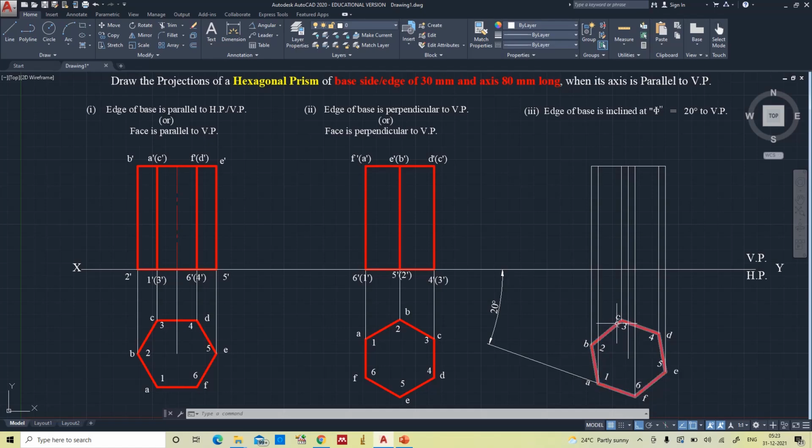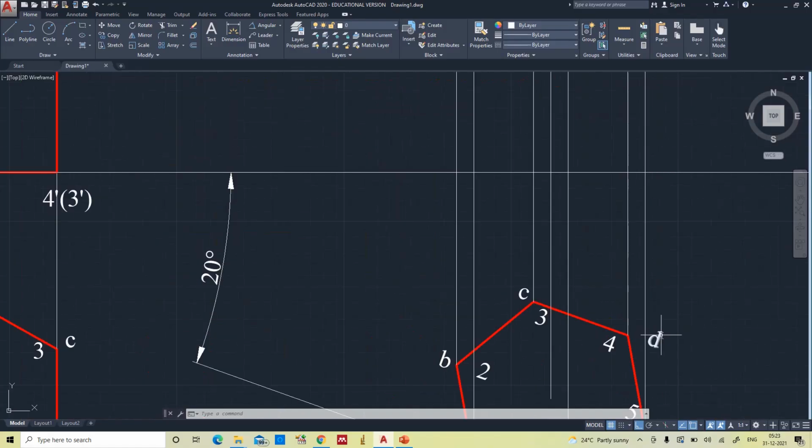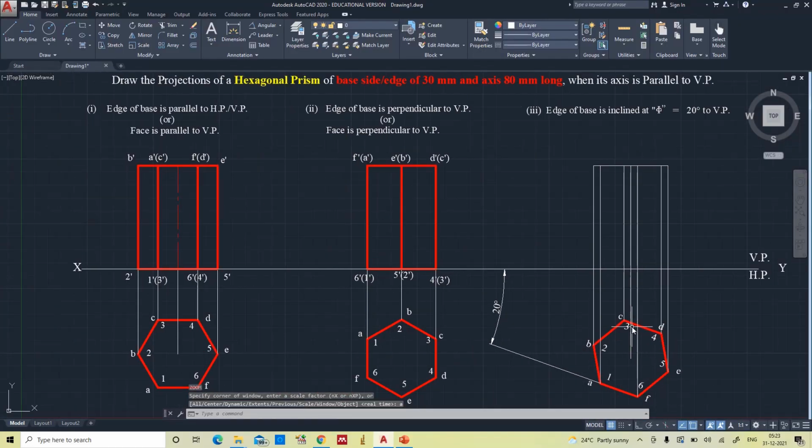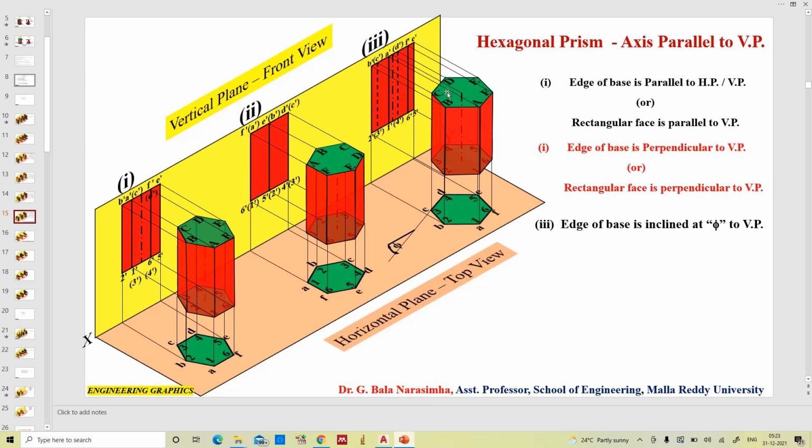And coming to C3 and D4, the two edges are clearly invisible, because these two edges lie backside to the rectangular faces. You can see C3 and D4 lie exactly backside to this one. So these two are invisible.